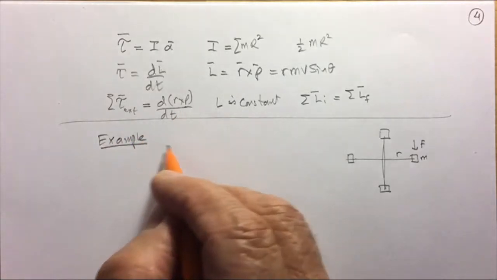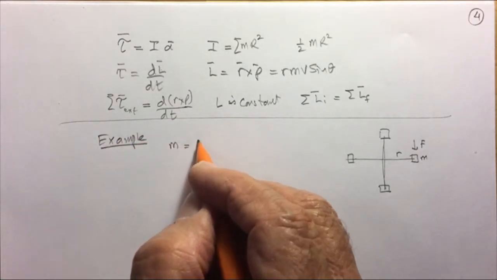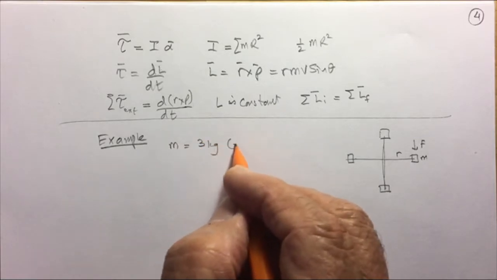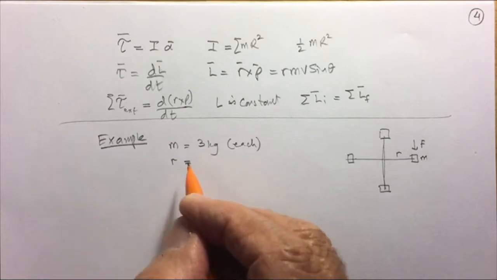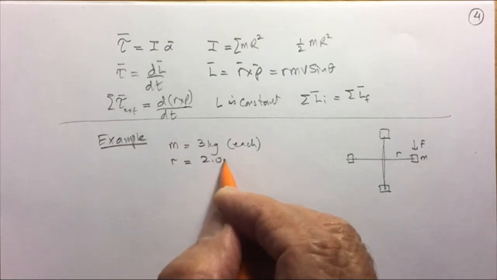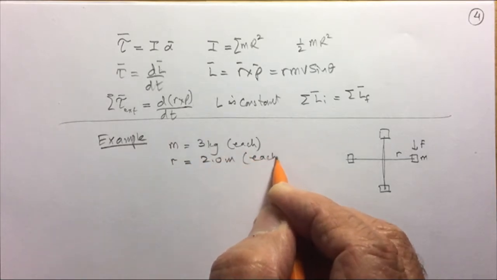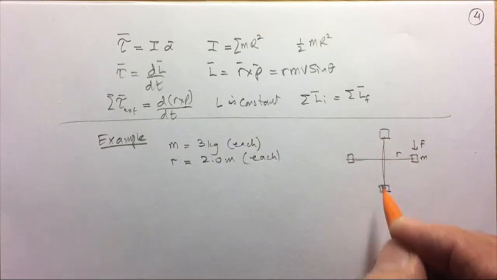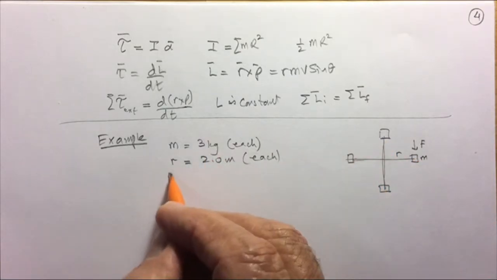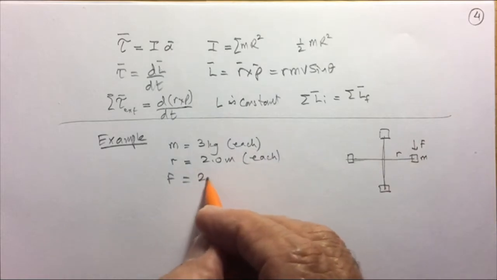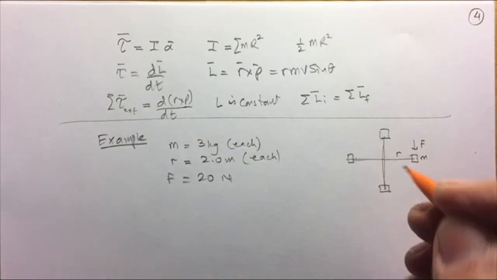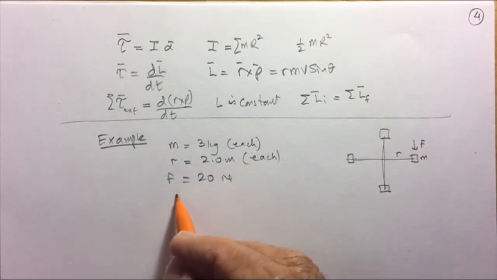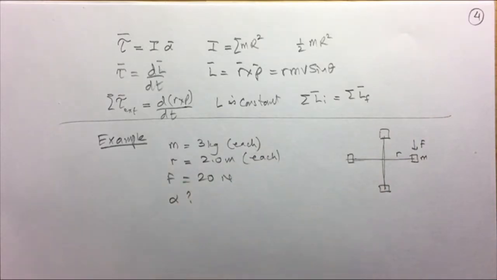So we take M as 3 kilograms each. Each of the R's is 2.0 meters. And the force that's applied is 20 newtons, and it keeps on applying perpendicular to the surface, causing it to spin. The question is, what is the angular acceleration?